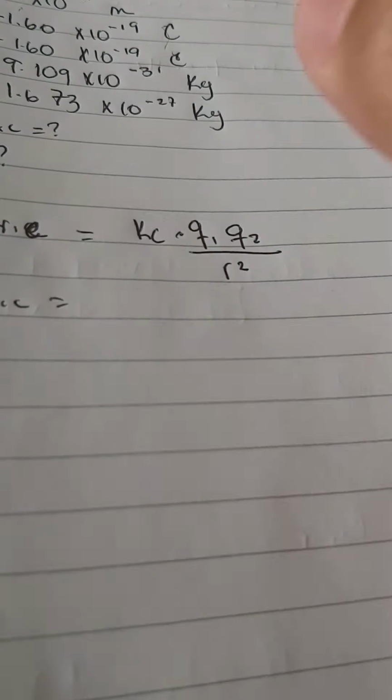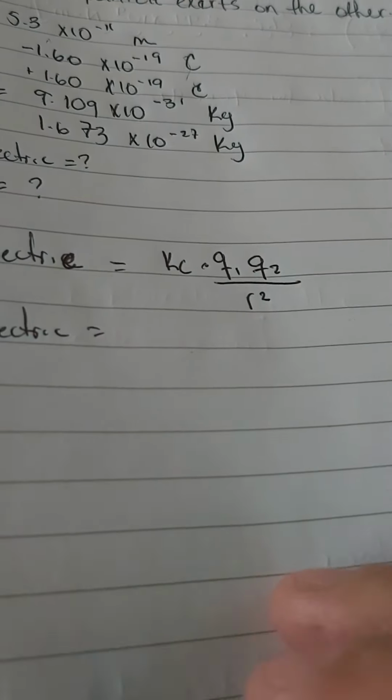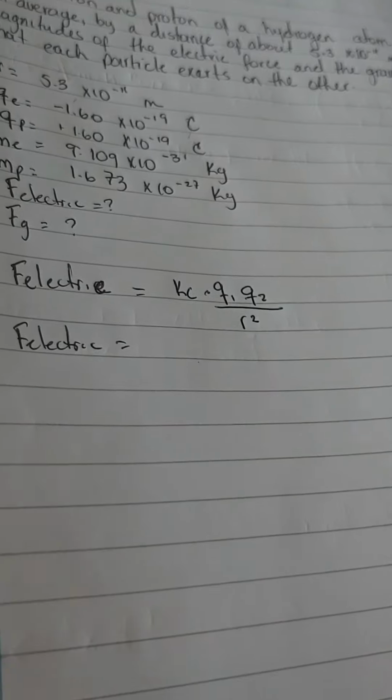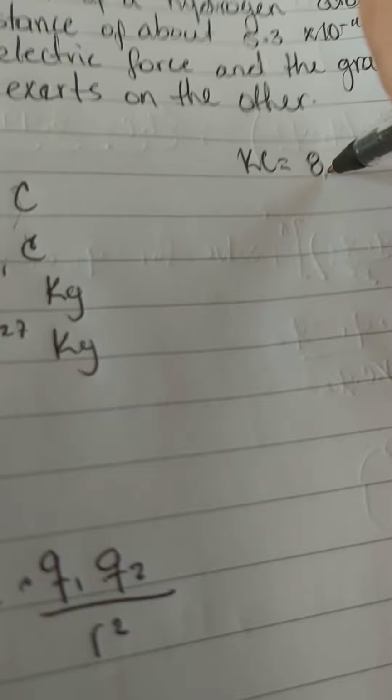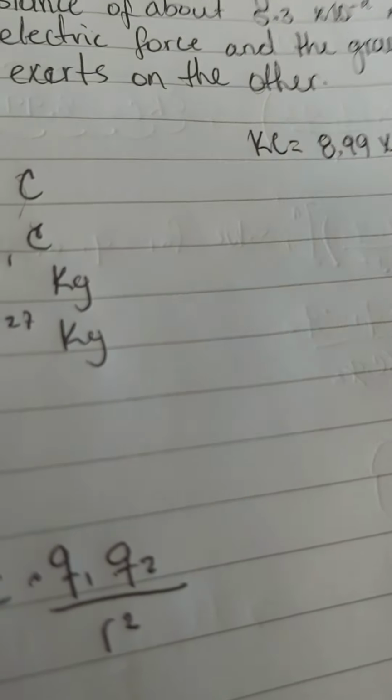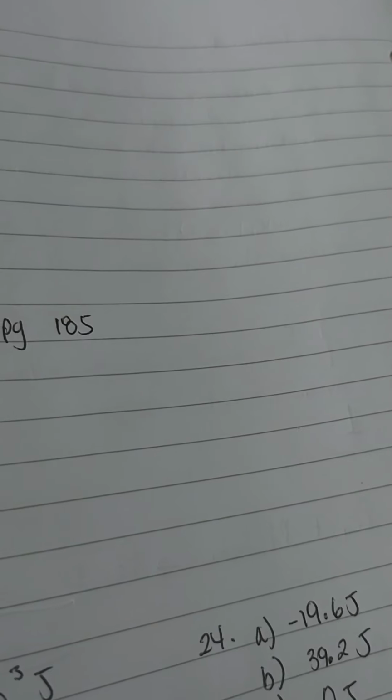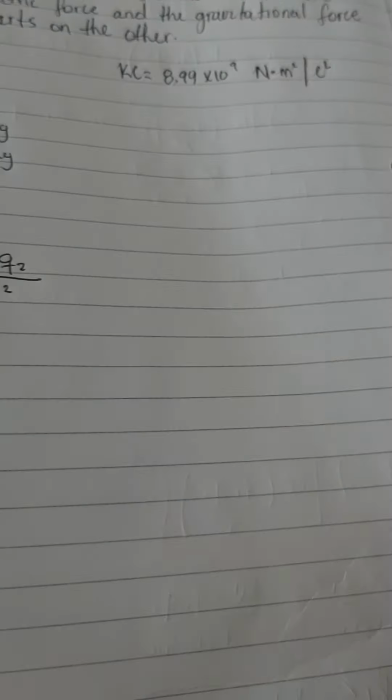So the electric force will be equal to the Coulomb constant. Coulomb constant was equal, sorry, I forgot to write that. Coulomb constant was equal to 8.99 times 10 to the 9 newton times meter squared per Coulomb squared.